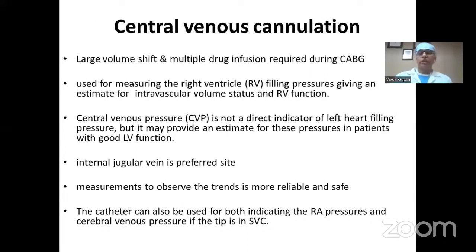Central venous cannulation is needed because a good amount of fluid is required and the patient requires multiple drug infusions as well. It will give us a guide for the filling pressures, though it is not a very good surrogate for left atrial pressure, but by looking at the trend, we can understand the filling pressures.